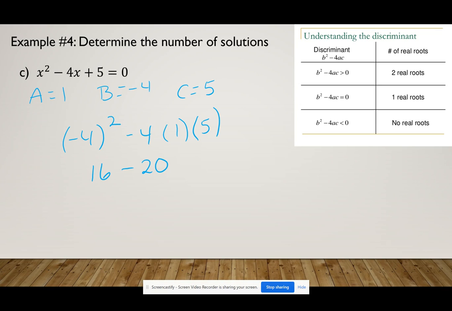So my discriminant is -4. And -4 is less than 0, so we have no solutions for this one. So this would be one where if you have the axis, it would not touch at all. So it does not have any x-intercepts.